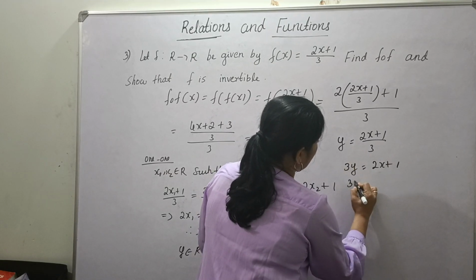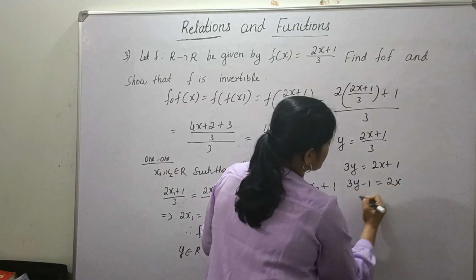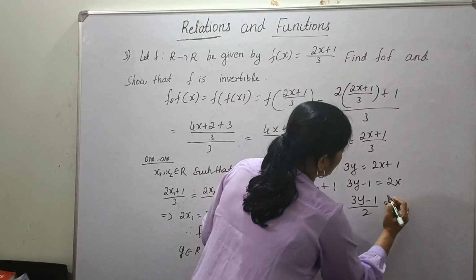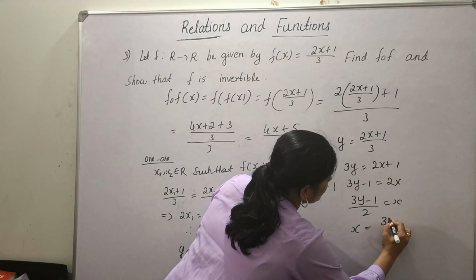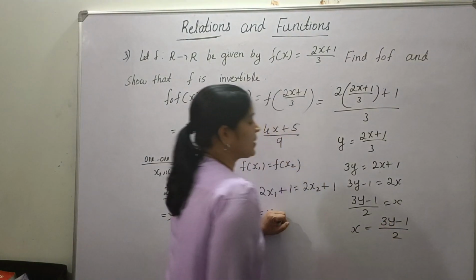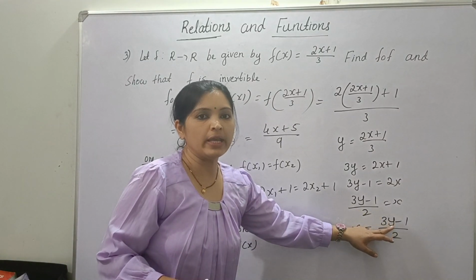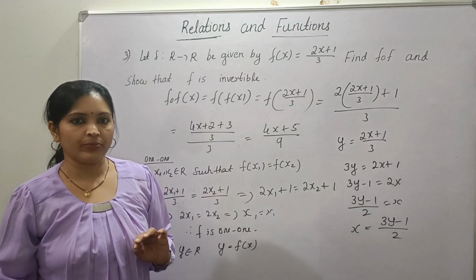Or take 1 here. 3y minus 1 is equal to 2x, and take 2 here. So (3y minus 1) by 2 is equal to x. That implies x is equal to (3y minus 1) by 2. See here, if you substitute any real value for y, you will get another real value, right?